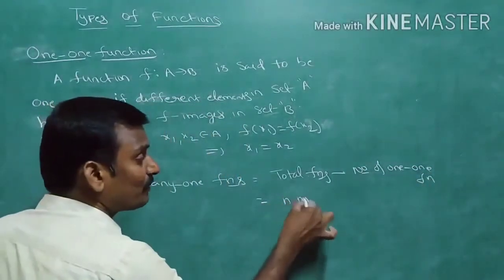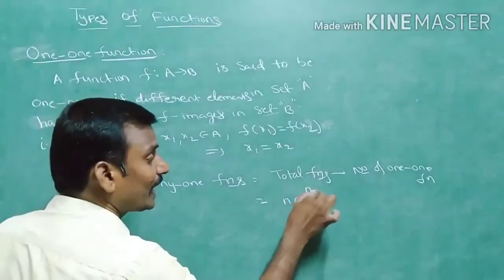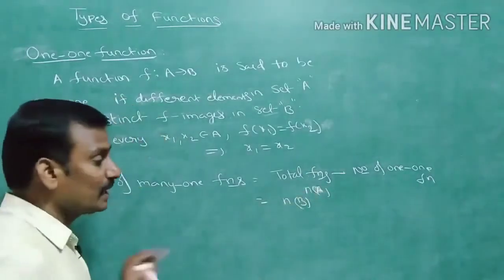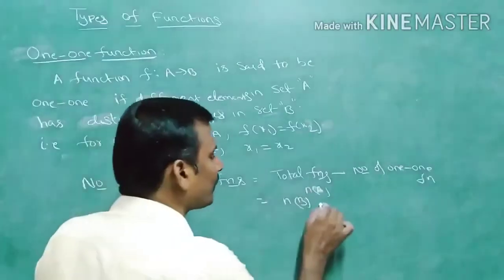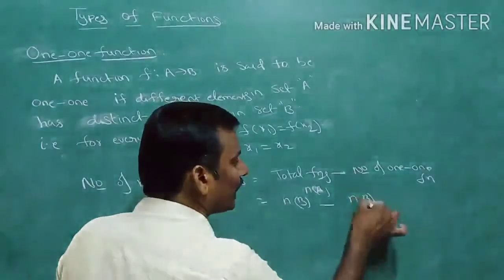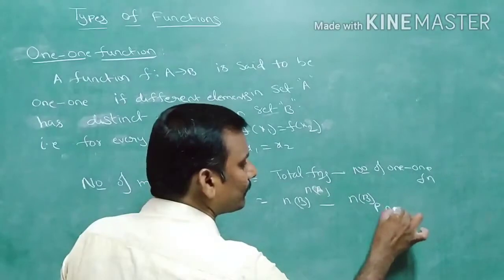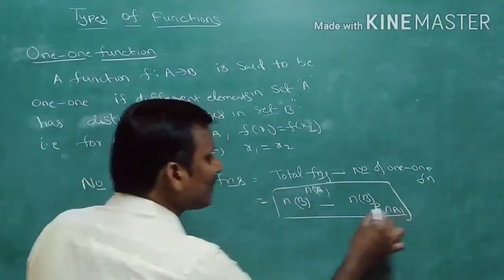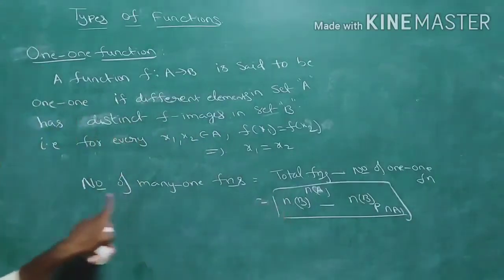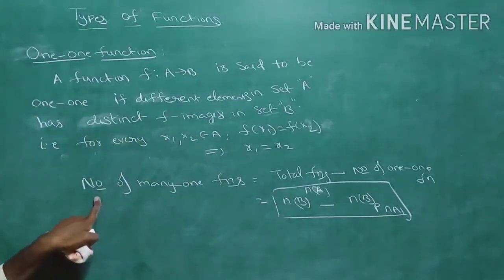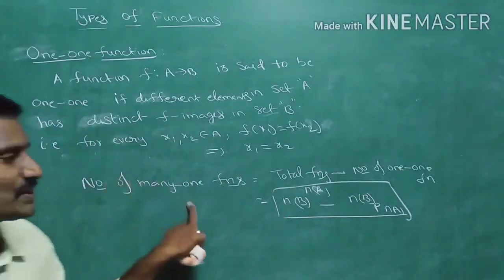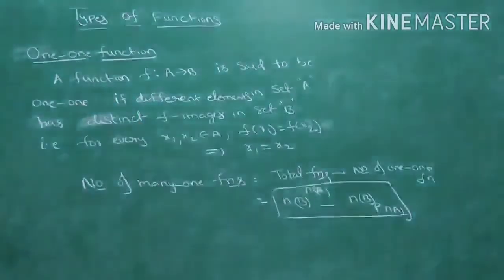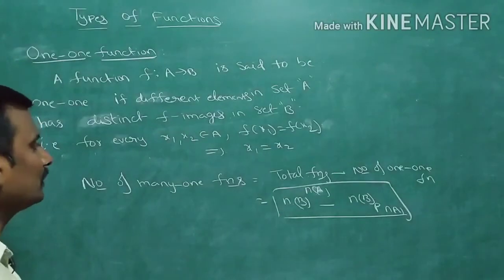What is the number of functions formula? n(B) power n(A). Sorry, n(B) power n(A). So the number of many-one functions is n(B)^n(A) minus the number of one-one functions. The total number of functions minus the number of one-one functions is equal to the total number of many-one functions. This is the many-one functions formula.